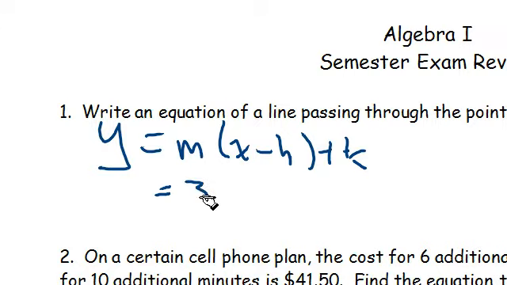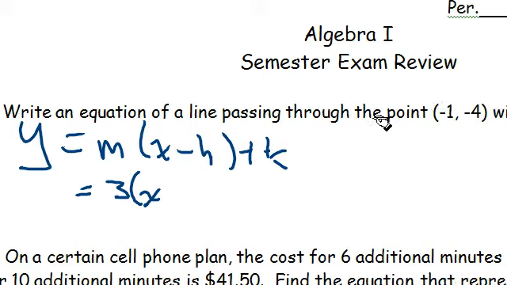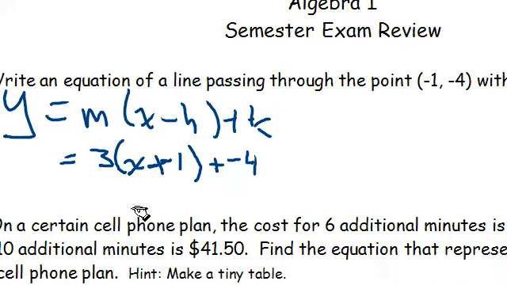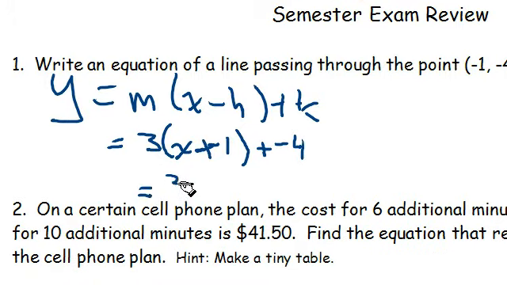So our slope is 3, our h is equal to negative 1, so x minus a negative 1 is the same as a positive 1. Then we're going to add k to the end. K happens to be a negative 4, so it's adding a negative 4. Our 3 distributes to both terms to give us 3x plus 3 minus 4, which equals 3x minus 1.